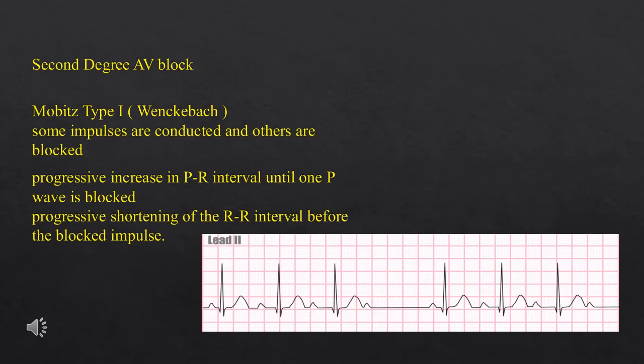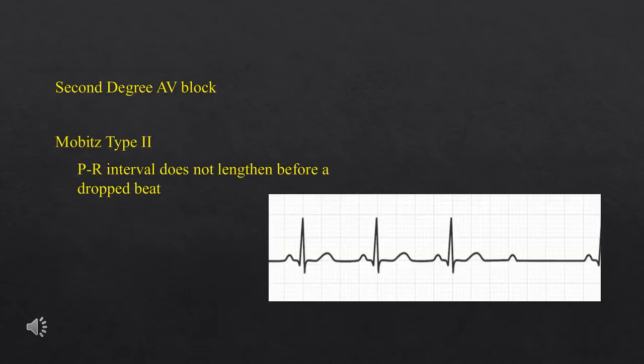Second degree AV block has two types, Mobitz type 1, also known as Wenckebach, and Mobitz type 2. Mobitz type 1 is characterized by a progressive increase in PR interval until one P wave is blocked. In Mobitz type 2, the PR interval does not lengthen before a dropped beat.